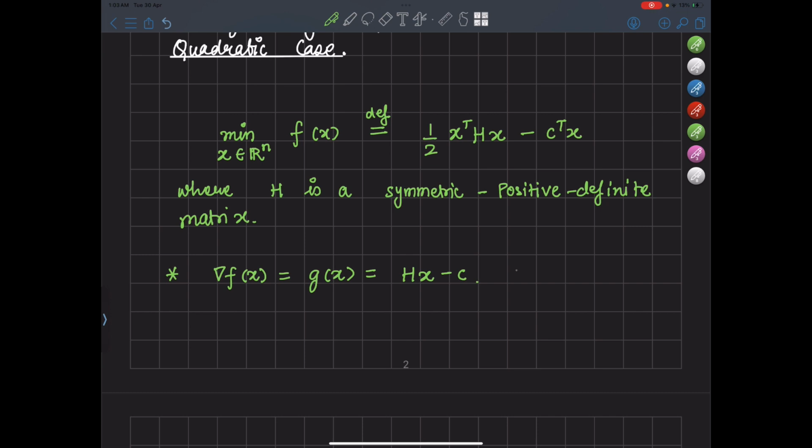And because it's a quadratic function, it is very simple to calculate the optimal point, which is x star equal to H inverse c, because for a quadratic function there is one single global and local minimum which happens at g(x) equal to 0, and you get Hx minus c equal to 0, which means x star equal to H inverse c. This is what we get here.